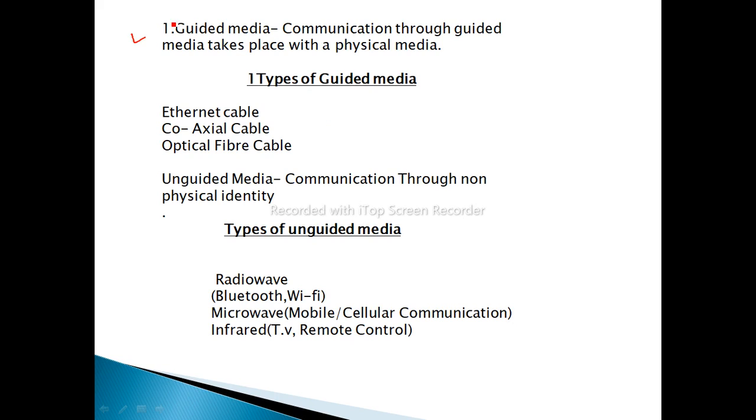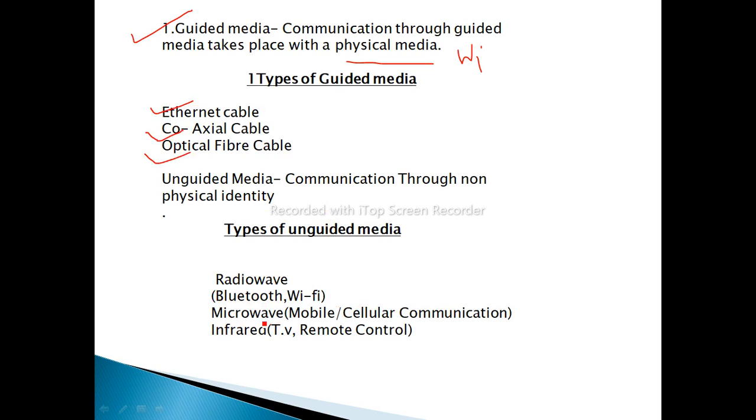Communication through guided media takes place with the help of physical media. Guided means wired. Types of guided media: there will be Ethernet cable, coaxial cable, and optical fiber cable. There will be three types of cable.